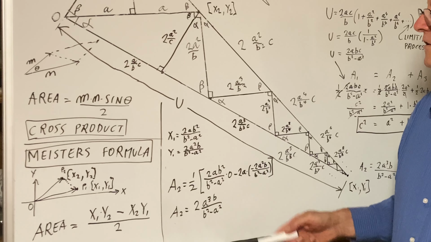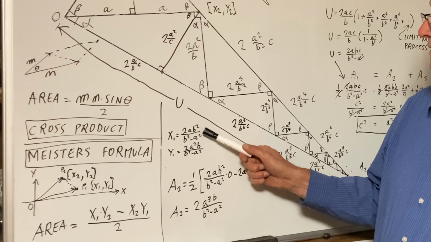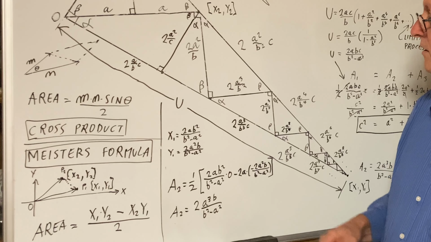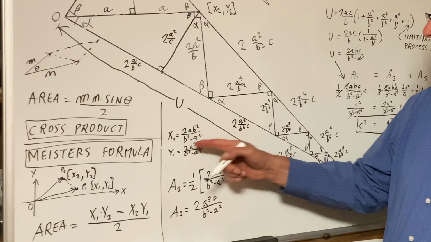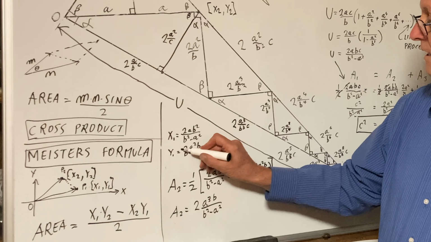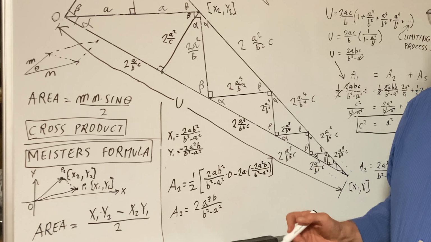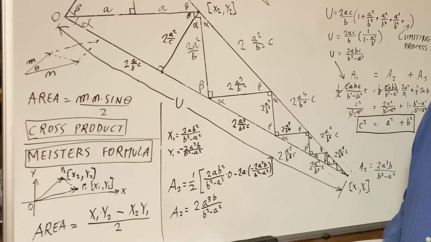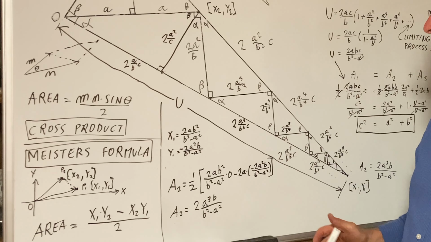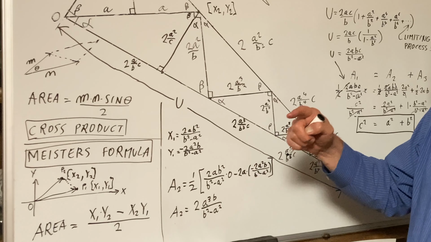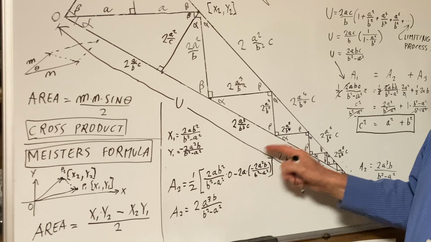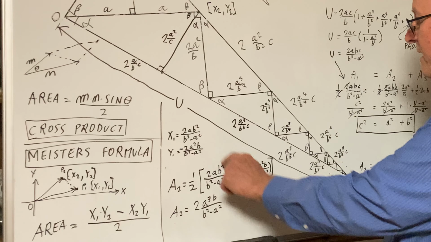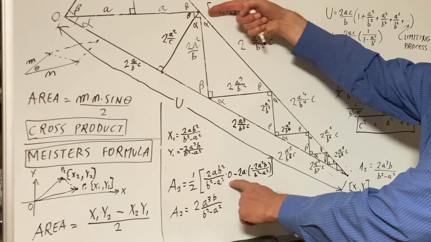So let's put it together. We had our x1 equal to 2ab squared over b squared minus a squared, and y1 is negative. Don't forget the negative. 2a squared b over b squared minus a squared. So here's Meister's formula. Here's the 1/2 of the determinant, which is x1, and y2 is 0.